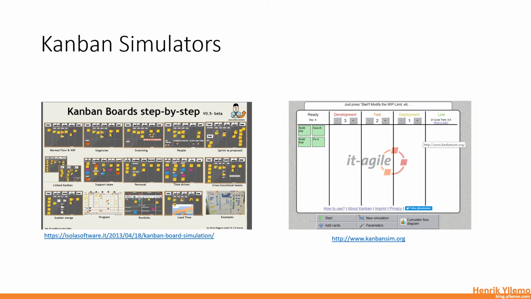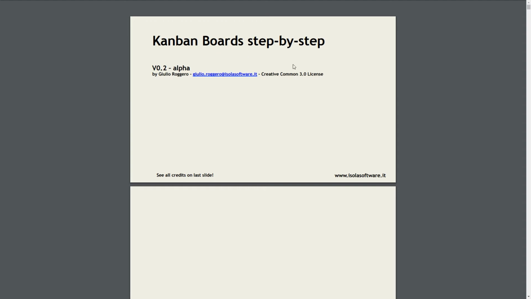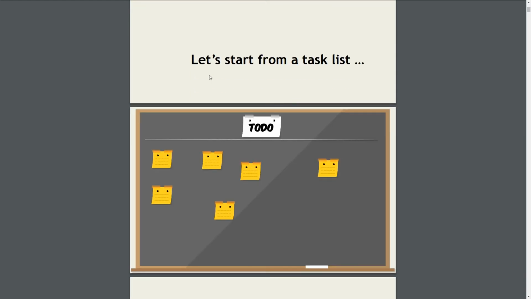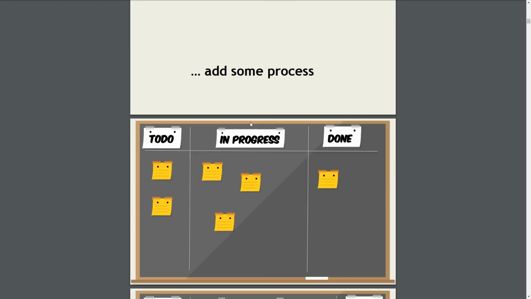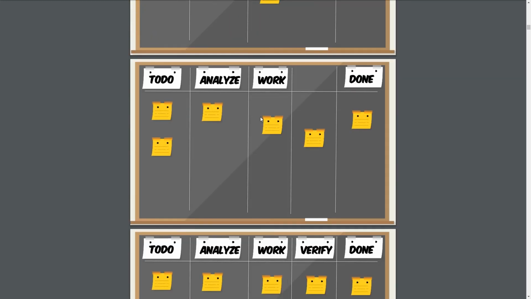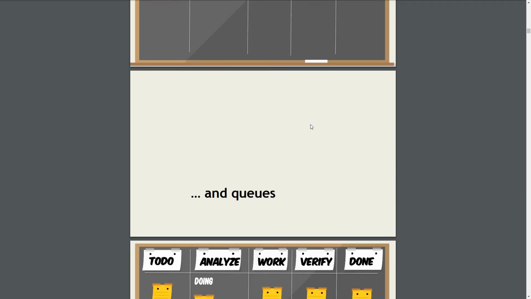And on the right hand side here, we have this Kanban simulator, which is a really nice tool to simulate the Kanban flow. So this Kanban board step by step is really a nice compilation of various Kanban boards. You can just scroll through it. It's a really nice collection of examples of how a Kanban board might look.